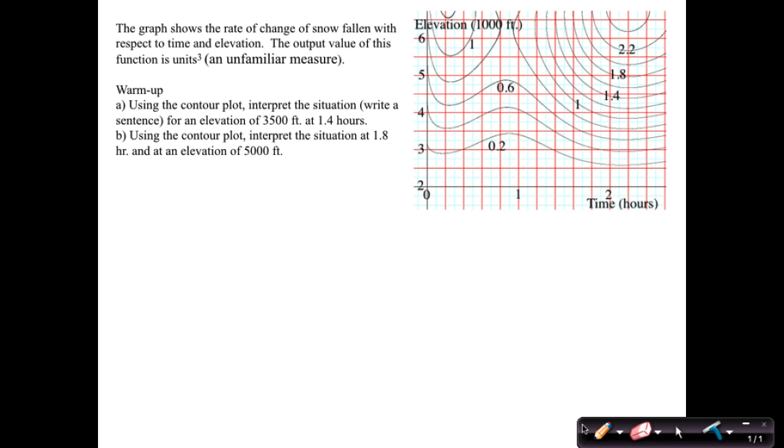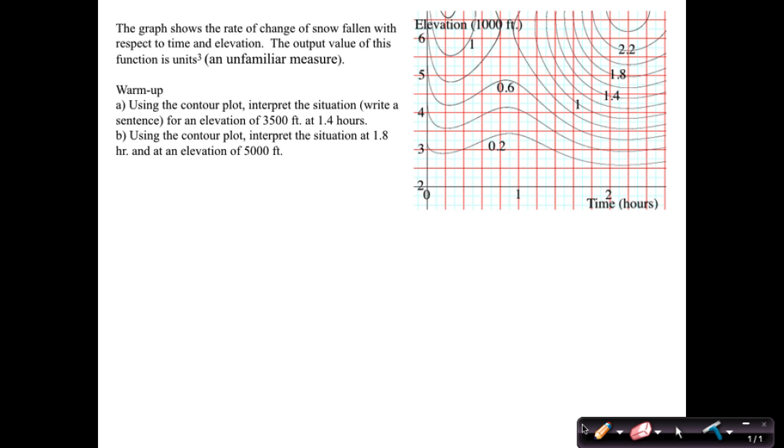Okay, so this is a warm-up to make sure we're understanding this graph. I want you to talk through A and B here. Using the contour plot, interpret the situation using sentences or verbally describing. Elevation of 3,500 feet at 1.4 hours.